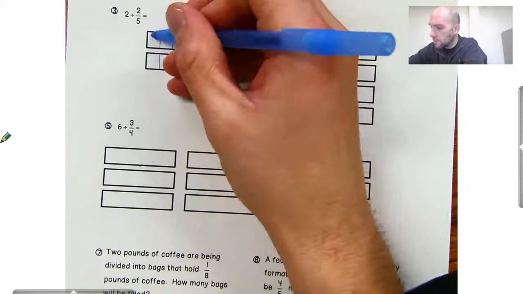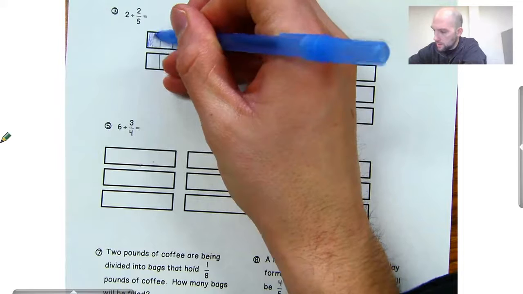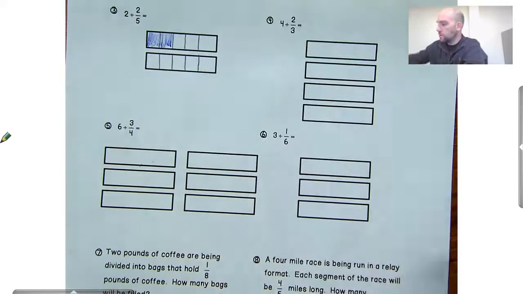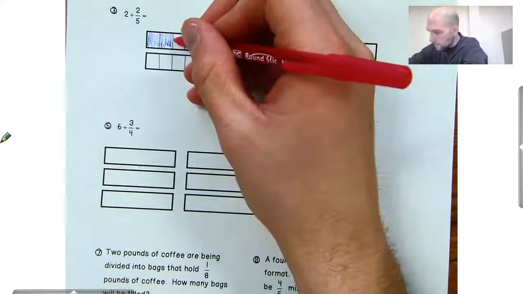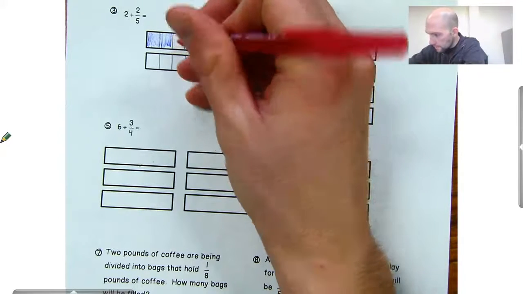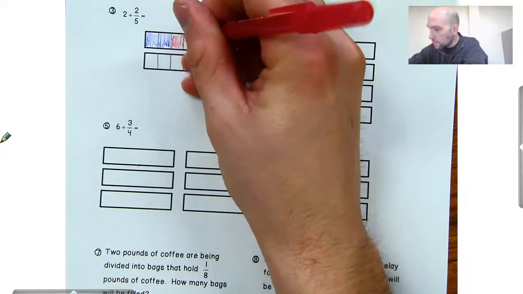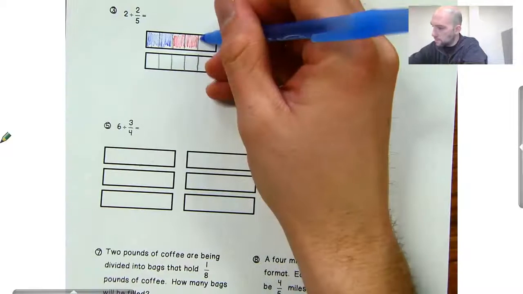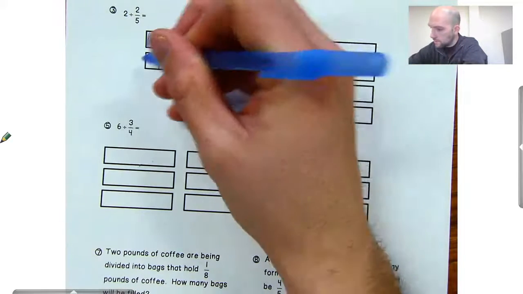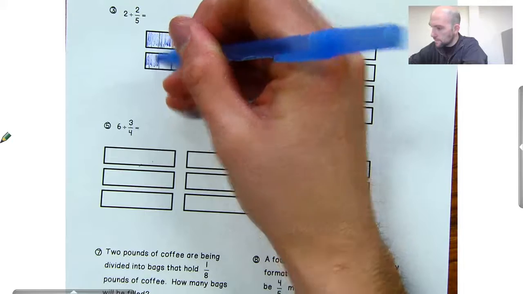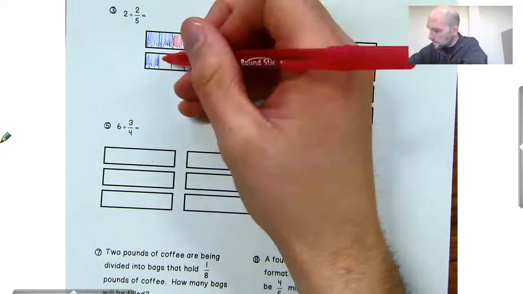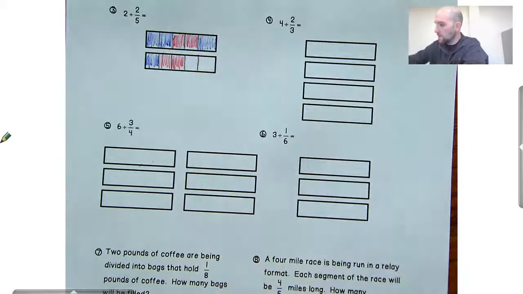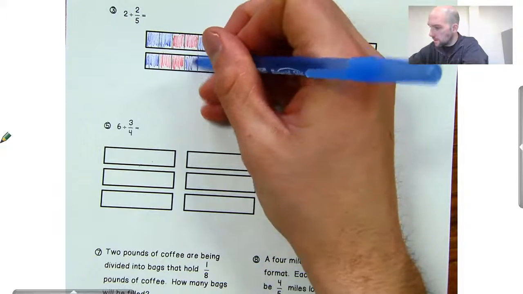So I'm going to use alternating colors so that we can see the difference between our 2/5. So there's 2, and then I'm going to use red. There's 2, and then I need to do 2 more. Two more. And then my last 2 here.